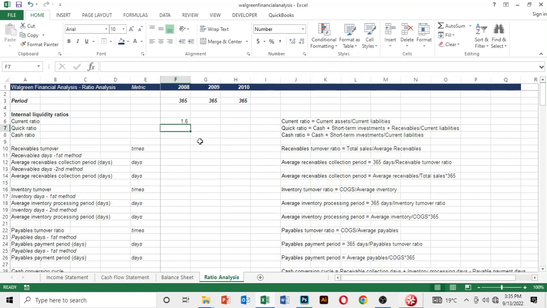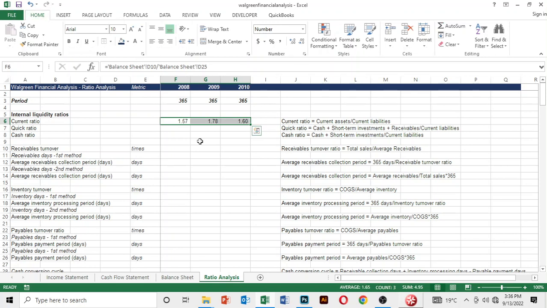Now, on your keyboard again, hold down Shift and press the right arrow until you get to 2010, and then press Ctrl R. While the 2008 to 2010 ratios are still highlighted, press Alt H 0.